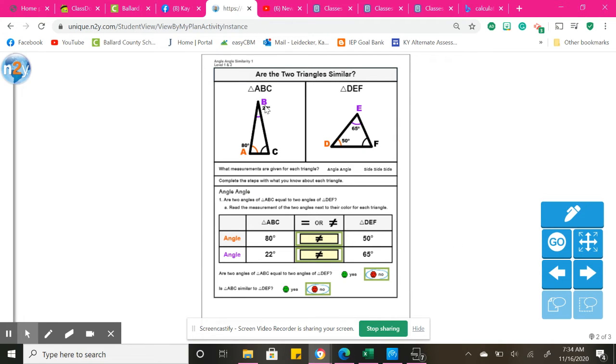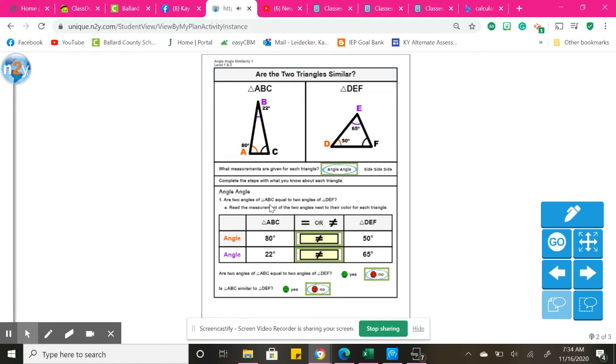So here I completed this one for you to understand that here's triangle ABC, and notice my angles here, and then my triangle DEF. So what measurements are given for each triangle? Well, it's not side, it's angle, because it shows an angle here and an angle here.